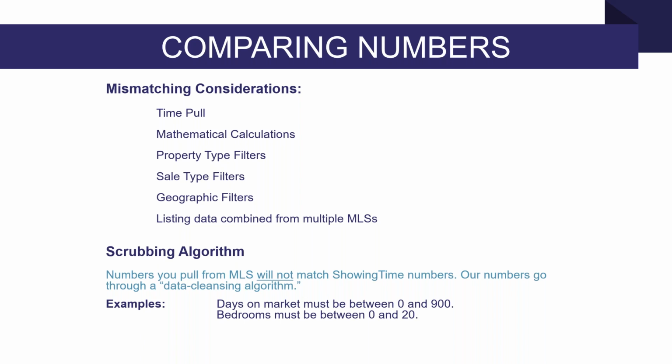You pulled it at a different time. We have different filters set up. We're combining MLS data together and then deduplicating it, so we may be seeing more data than you're getting from your single MLS. Those are reasons why that information might not quite match a report that you may run yourself.